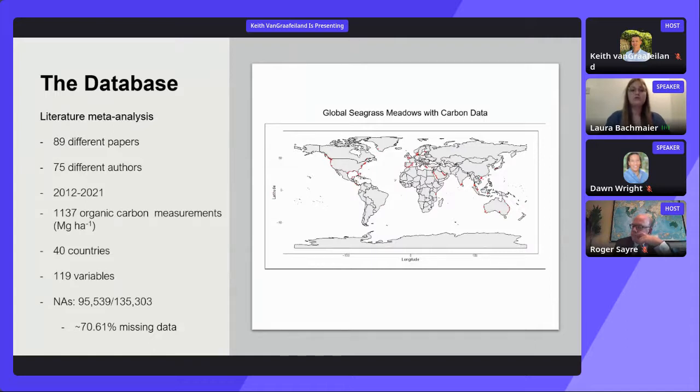And this meant I could still try and build some predictive models, but they would have to be partially based on imputed data, which would decrease the accuracy of the results and not really show a very realistic picture. And this would have been an issue, as organic carbon has been shown to be extremely variable across spatial scales. And so exact environmental data is really essential to assess this variability properly. Next slide, please.